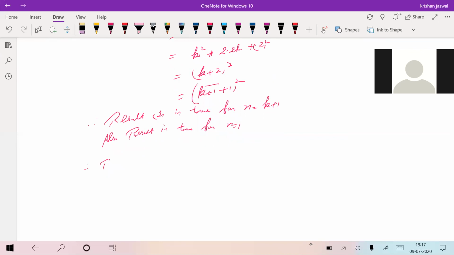Therefore, by the method of induction, the result is true for all n belonging to natural numbers.